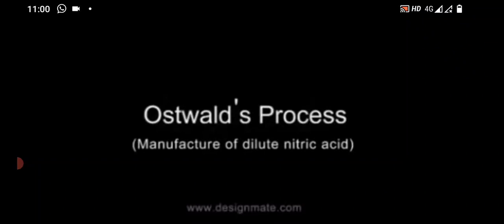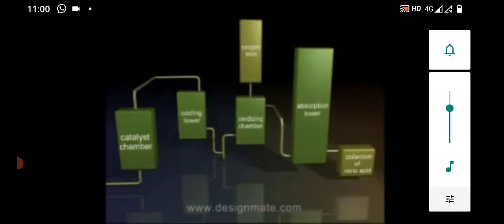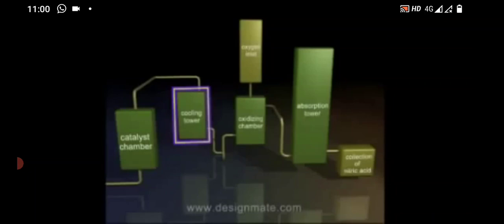then for your better understanding, we can also see a video on the Ostwald process for the manufacturing of nitric acid. Ostwald's process. Here we have 4 chambers, namely catalyst chamber, cooling tower, oxidizing chamber, and absorption tower.